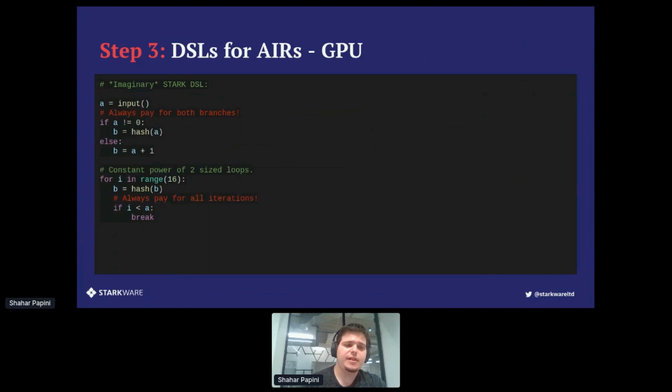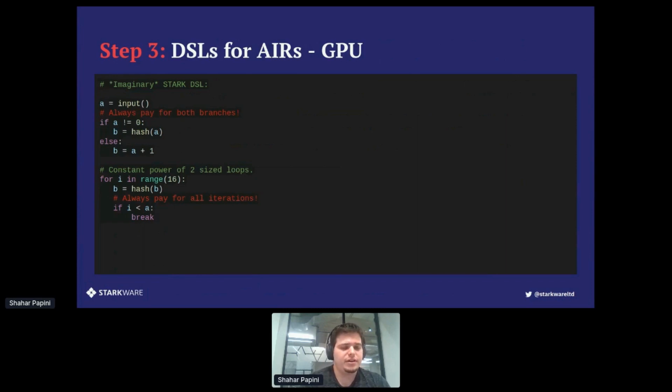For example, if we have some branch, some if, we always have to pay for both branches. We don't know at compile time which branch we will take, so we need to allocate some trace space for one branch and some trace space for another and write the constraints for both. So we pay for both.